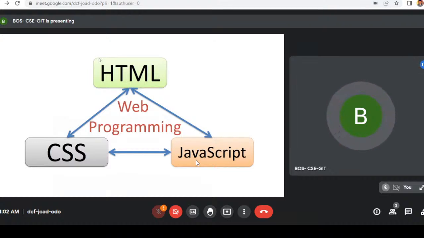And then when you open the website and click on a button, the button takes you to another page, right? Some activity happens, some functionality takes place, and that happens through JavaScript. So all three of them are interconnected. That's why we always mention HTML, CSS, JavaScript together. All these three are like the pioneers for your web programming subject.